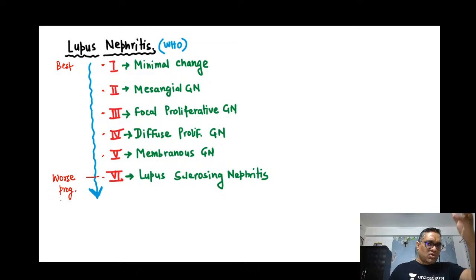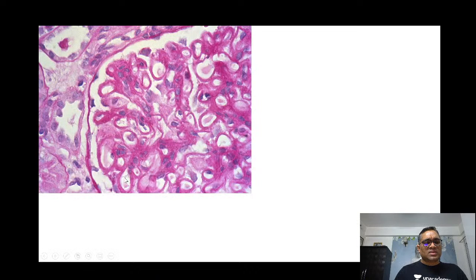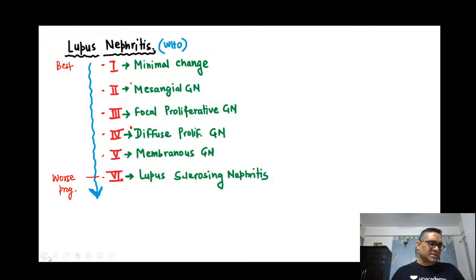This is given in the order of worsening of the prognosis. So minimal change is grade 1, mesangial is grade 2, focal proliferative is grade 3, diffuse proliferative is grade 4, membranous is grade 5, and lupus sclerosing is grade 6, right?